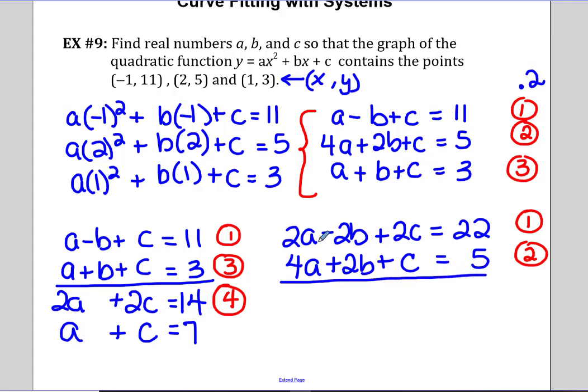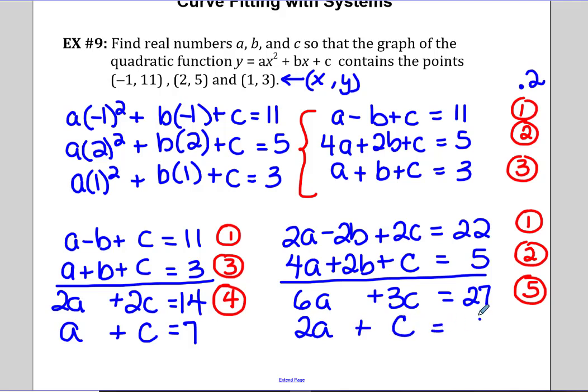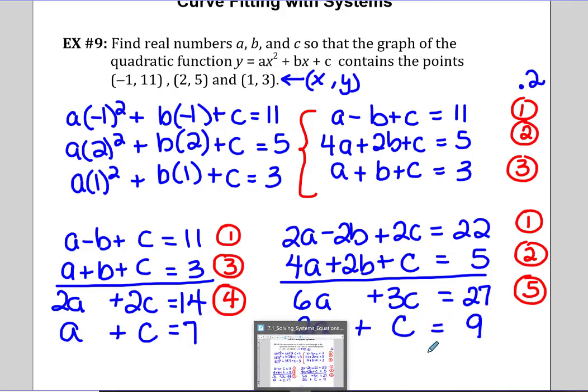We're eliminating the b's again. So we have 6a and 3c equals 27. And just like equation 4, we'll call this equation 5, but we can reduce it down since all the constants are divisible by 3. That gives us 2a plus c equals 9.